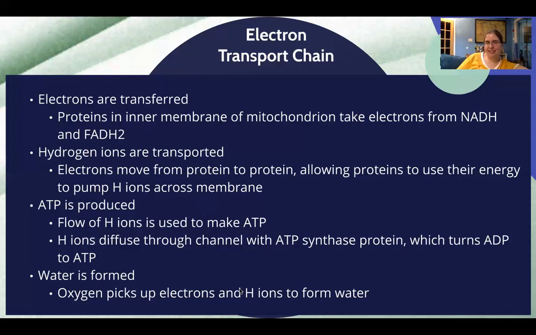As the hydrogens flow through that protein, it generates energy like a water wheel. This allows us to take a bunch of ADP, store that energy on it, and allow it to form a bond with a lonely phosphate, turning it into ATP.